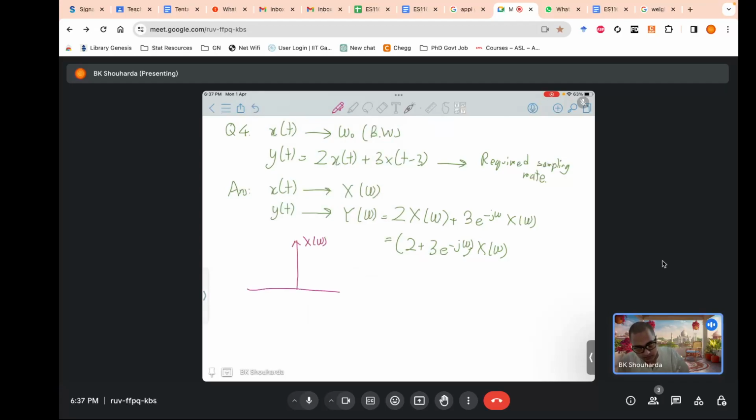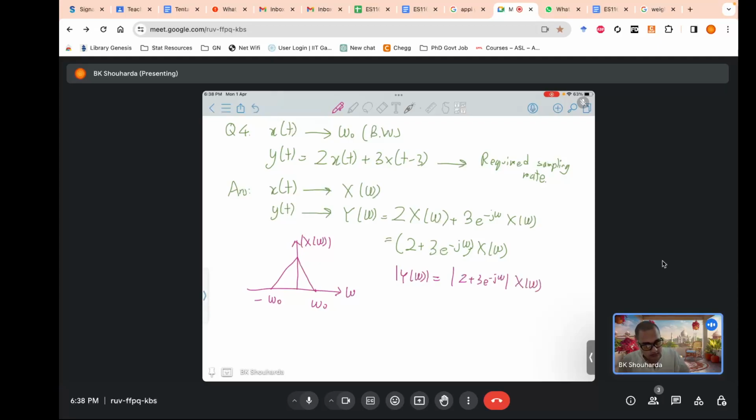X of omega, its modulus will look like this: minus omega naught to omega naught. Mod y of omega is mod 2 plus 3 e to the power minus j omega times x of omega.